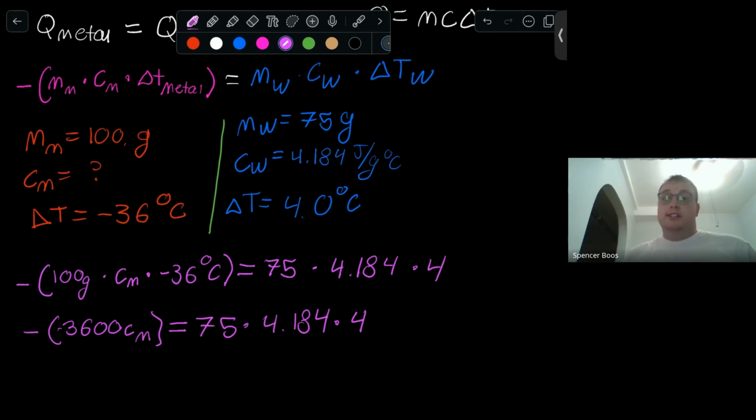Now, these negatives will cancel out; two negatives make a positive. So to isolate Cm, we just divide both sides by 3600.